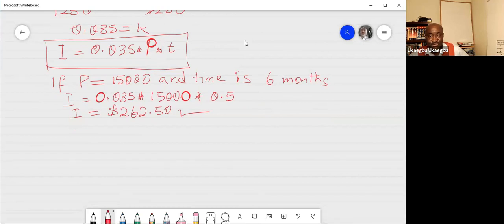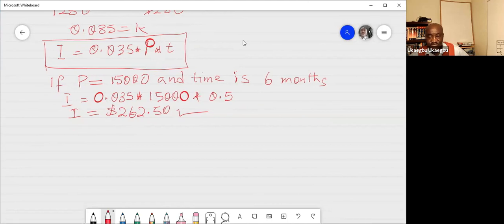If you have a car note, a car is sold at $15,000, and you don't have the entire money to pay, they say you can be making monthly payments. This is how much they are going to add to the real value of the car. By the time they do their simple or compound interest, the car that costs $15,000, you end up paying something like $18,000, but you pay it over a period of time.